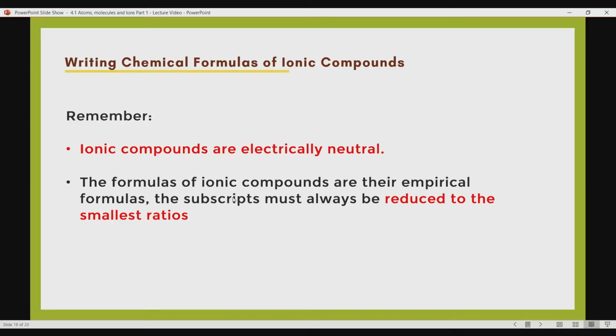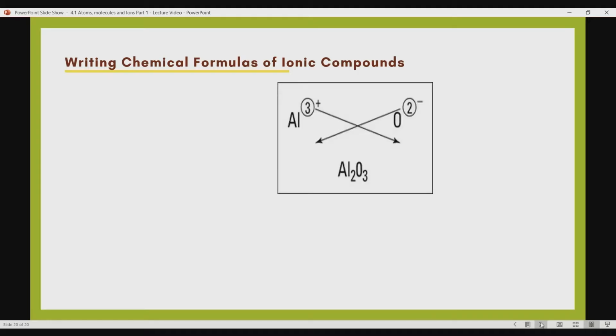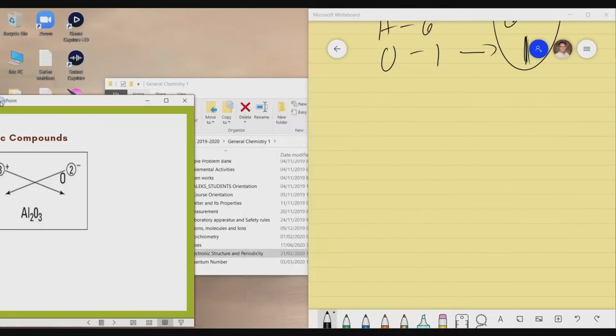The formulas for the ionic compounds are their empirical formula. So, ibig sabihin, dapat naka-lowest term lagi. So again, electrically neutral, walang positive, negative dapat yung sagot mo, and then yung final answer ay dapat naka-lowest term lagi.